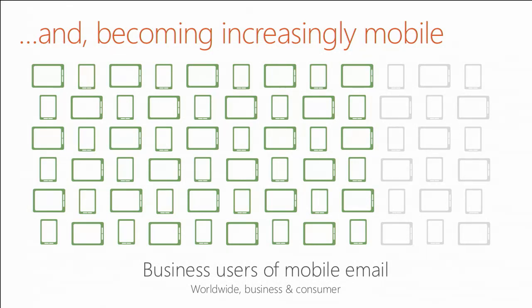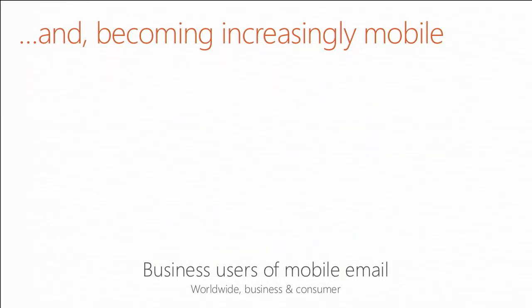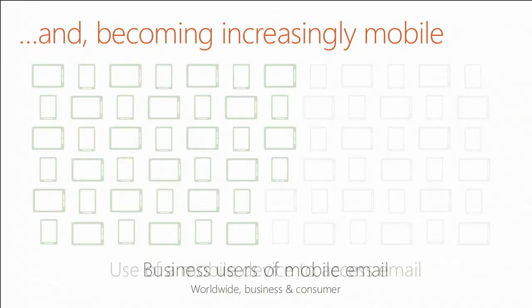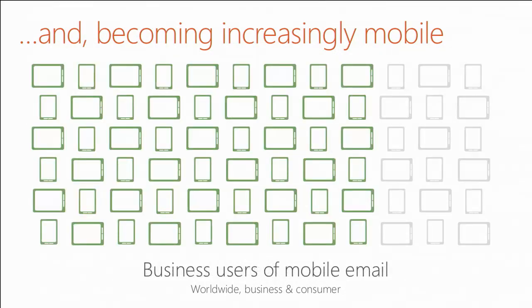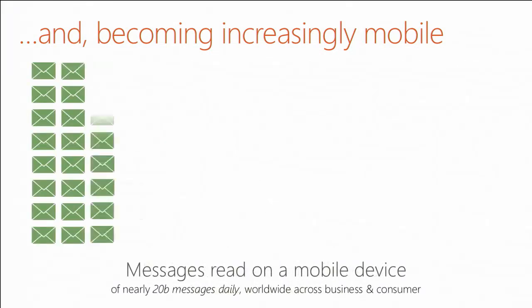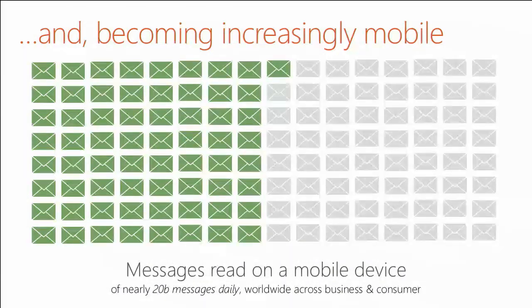So we believe that roughly half of all consumers have access to their mail through a mobile device in some way. If you go to the business segment, it gets closer to 70% have some remote access to their email. And then if you talk about what gets read, somewhere between 40 and 50% of most messages get read first on a mobile device.